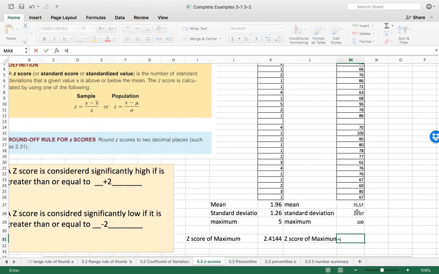We'll do our data value minus our mean and divide by the standard deviation. Okay, so they're very close. They're actually very close. And usually z-scores are rounded to 2 decimal places. So I'm going to round that to 2 decimal places here and here.